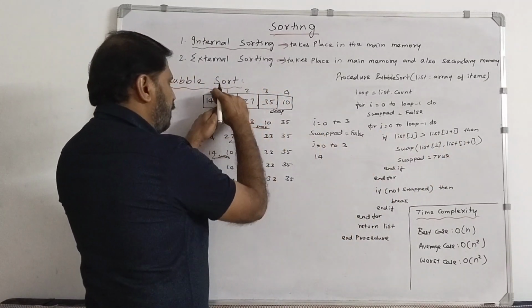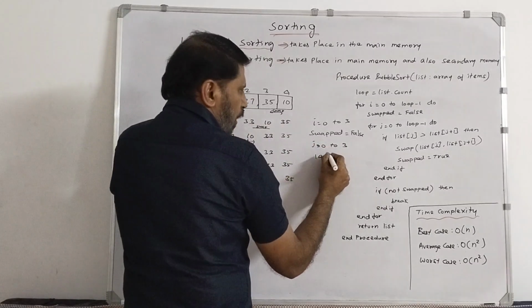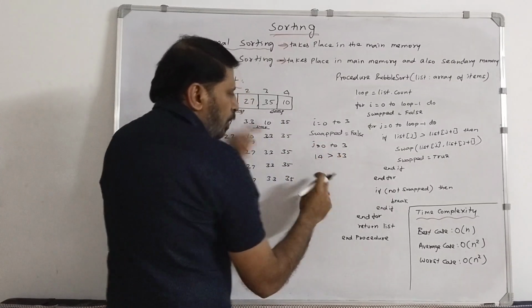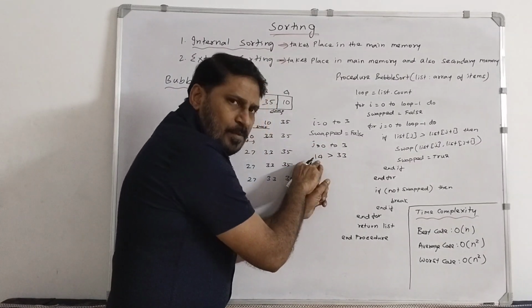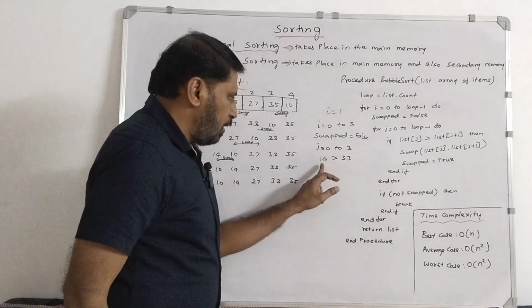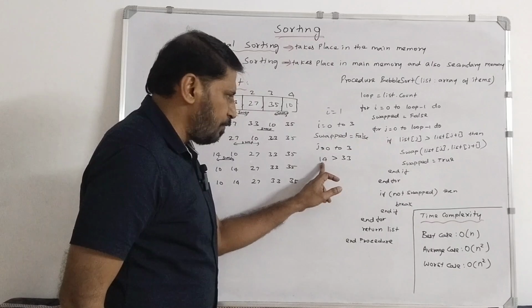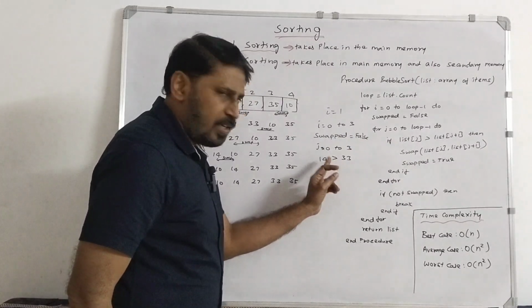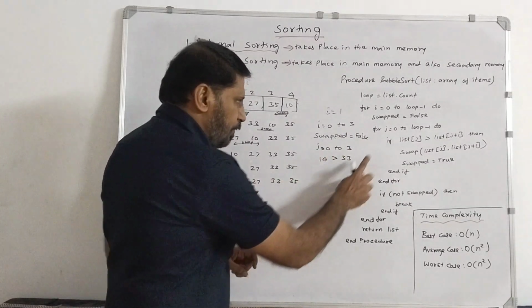List of j is 14, and list of j plus 1, that is list of 1, is 33. If the previous one is the greater value, we have to swap. Here the condition is false, because 14 is the lesser number, so it is false.